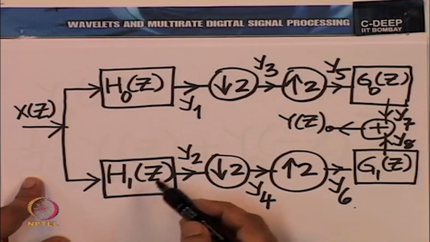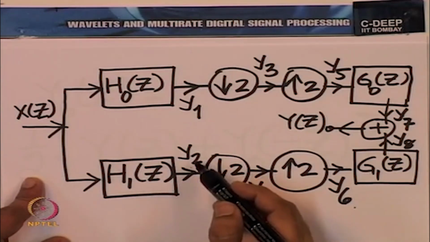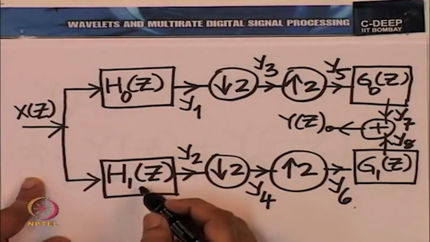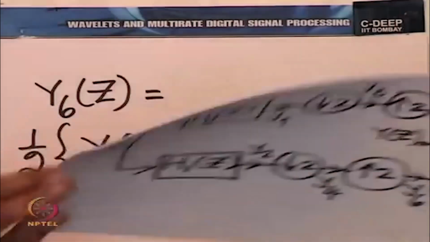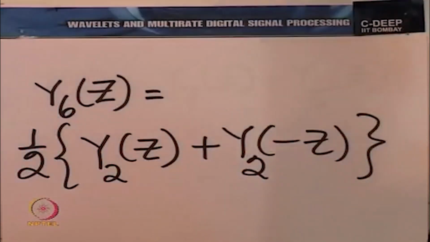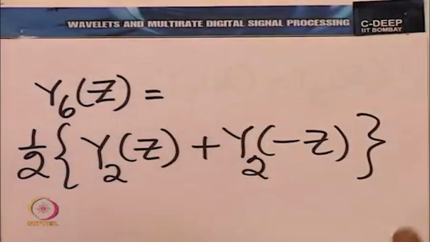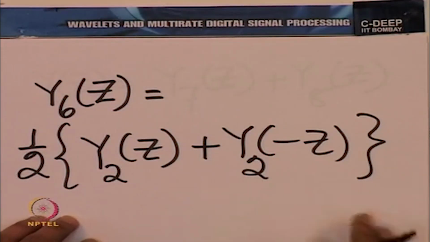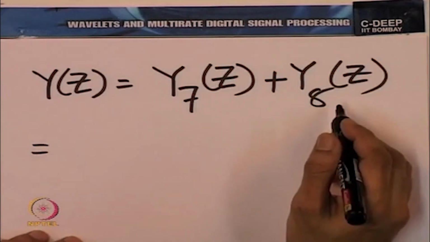Now, when you take Y2 of -z, you would get X(-z) multiplied by H1(-z). So, in fact, let me put that down. What I am trying to do is to identify a form of the expression. So, this Y2(-z) has two terms embedded in it. So, let us focus, let us say for example, on this term here, Y8.